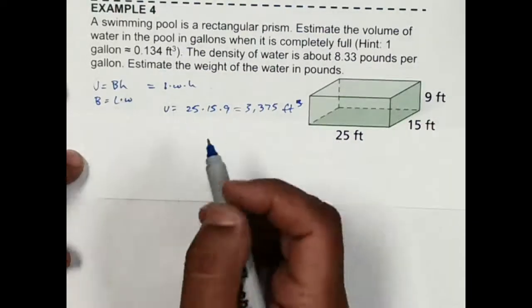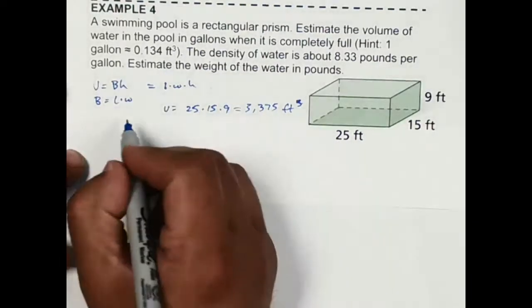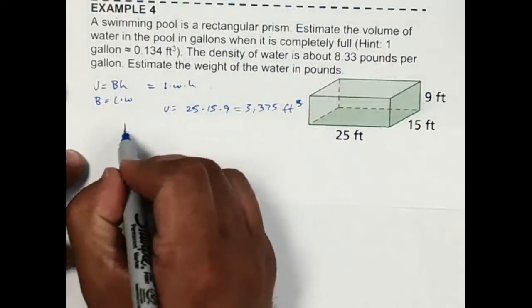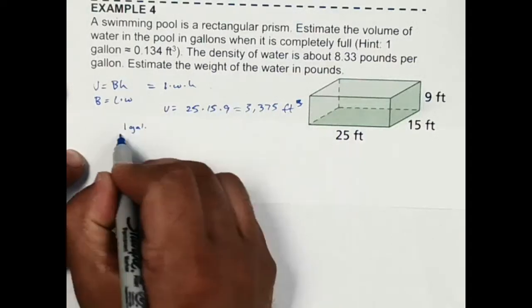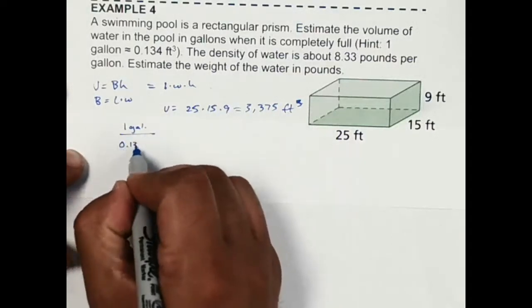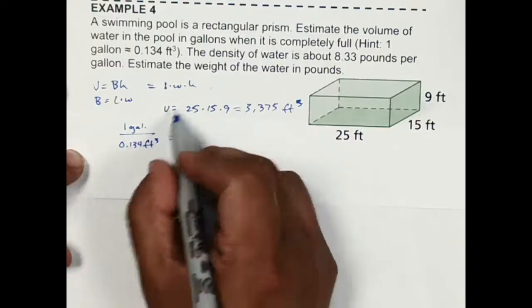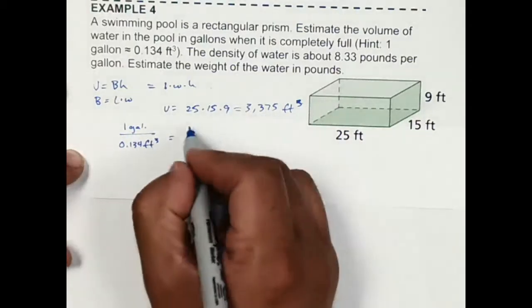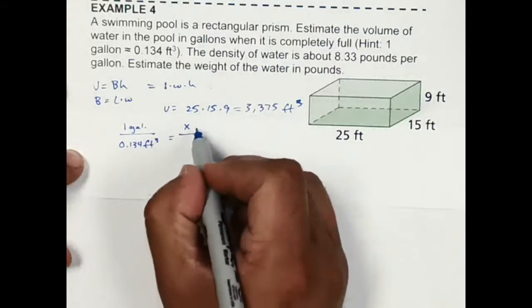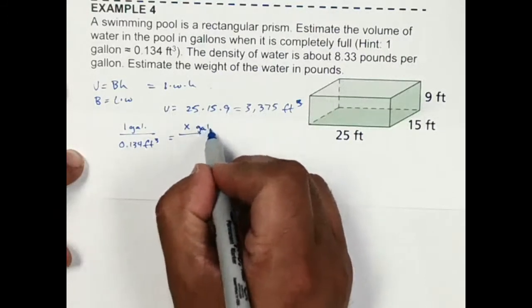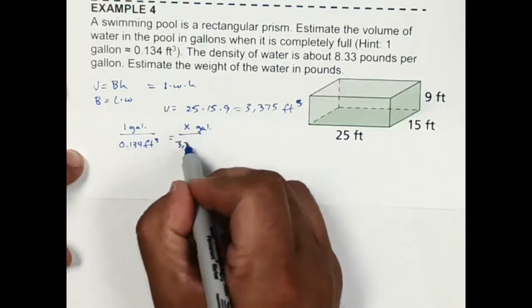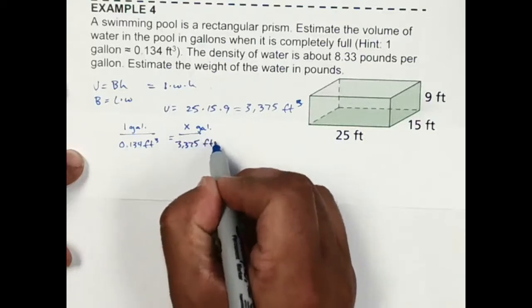Alright, so I'm going to go ahead and convert this into gallons then. I'm going to set it up as a proportion, so I know 1 gallon is equal to 0.134 cubic feet. So then to find out how many gallons this is, I'll put that as an X over 3,375 cubic feet.